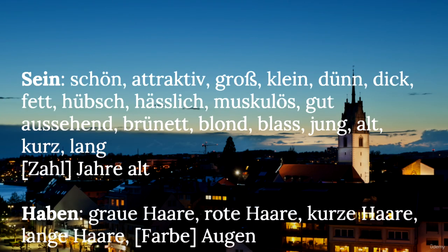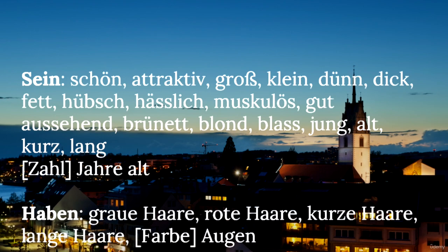You might be asking yourself, when can I use the verb sein, to be, and when can I use the verb haben, to have, when describing someone. Those are the words that you can use with sein.